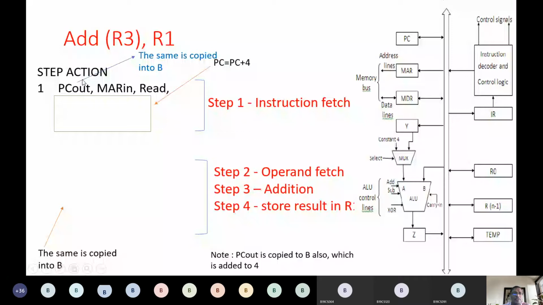Next is the read signal. So when you say read signal, what happens? A signal is sent via the memory bus to the main memory. So when you say read, our processor wants to read data from main memory, or we can say primary memory, or we can say RAM.